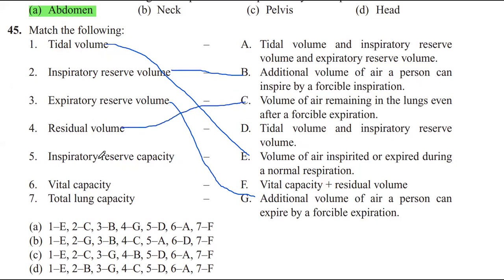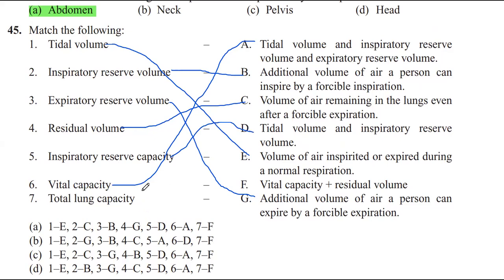Inspiratory capacity, right? Tidal volume, right? Total volume of air, we can say, clear. So tidal volume and inspiratory reserve volume and expiratory reserve volume is vital capacity. Inspiratory capacity is tidal volume and inspiratory reserve volume.